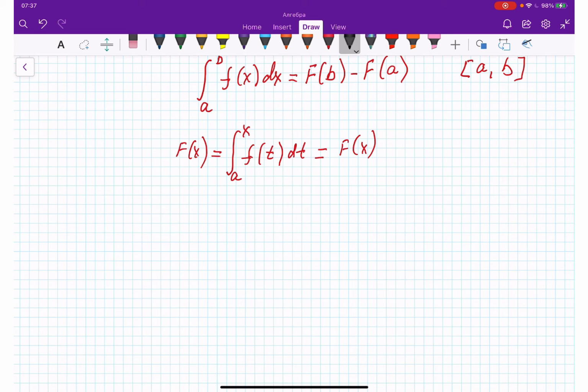So we have F of x equal to the integral from 0 to x of cosine t dt, at the points x equal to 0, pi over 6, pi over 4, and pi over 2.